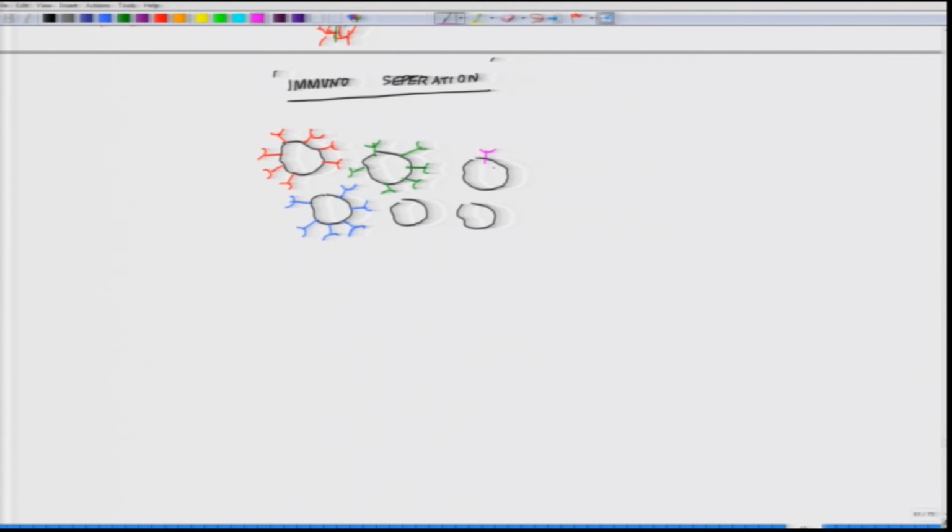Okay. So, we see green colored, blue colored. Now, I give you a situation, I say to you, okay, give me the green labeled or green cells.